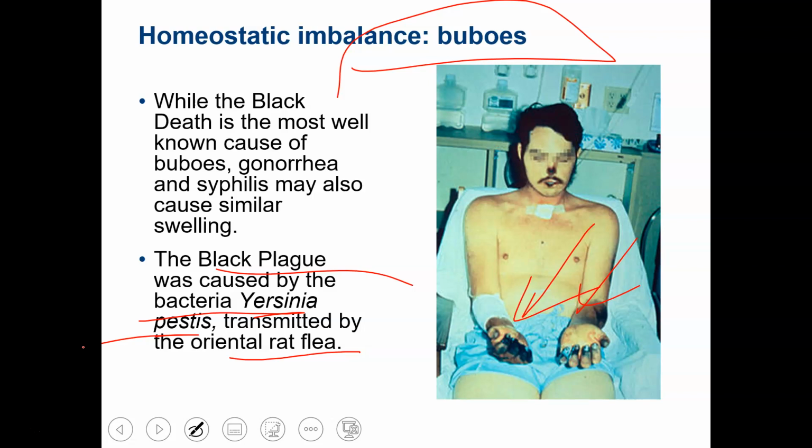For the pneumonic in the lungs and the septicemic form in the blood, survivability was nothing. It was fatal. For the bubonic form, maybe at the time like 1 in 10, maybe?